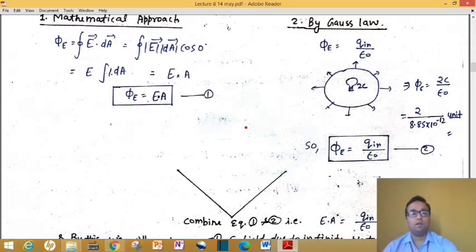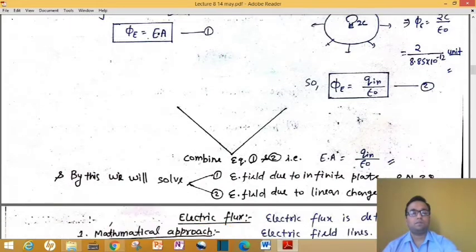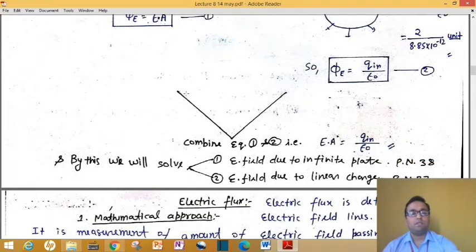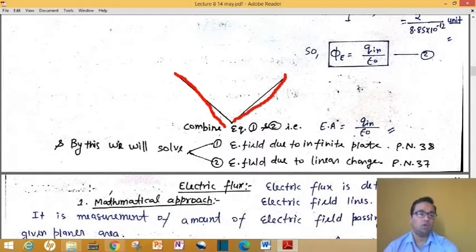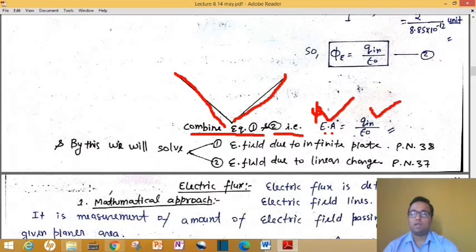Then what do we have to study? We will study the combination of these two equations, the mathematical way and Gauss law, both combined. E dot A, electric field into area, is electric flux, and Q in by epsilon naught is also electric flux, so both will be equal.